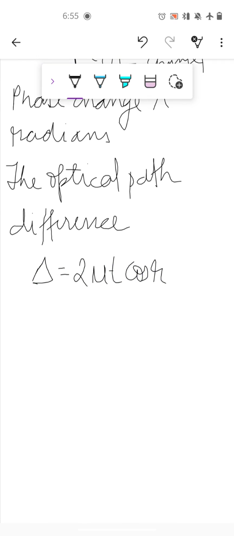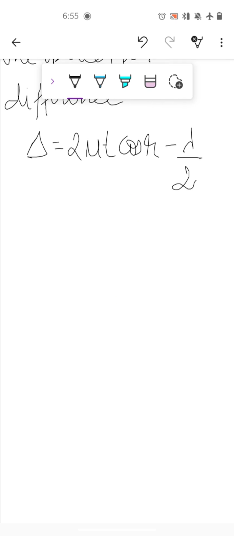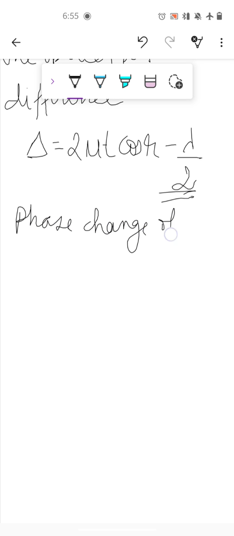But in this case the second ray is experiencing a phase change of pi, and a phase change of pi means a path difference of lambda by 2. Okay, everybody knows this, so we have to mention that this lambda by 2 is due to the phase change of pi radians.